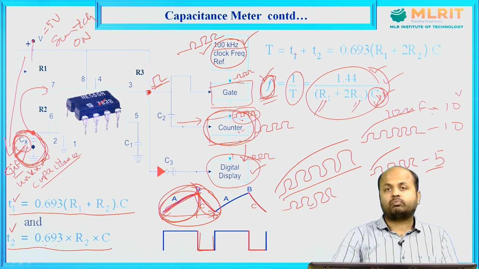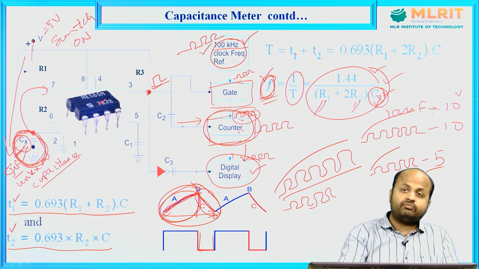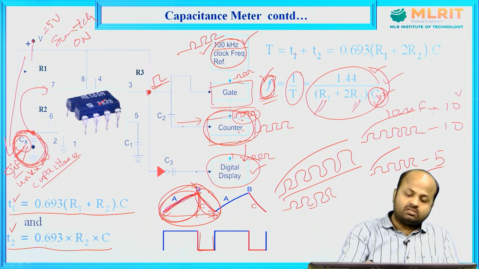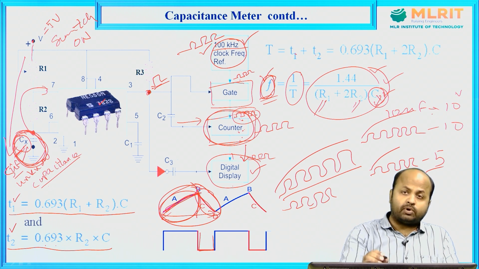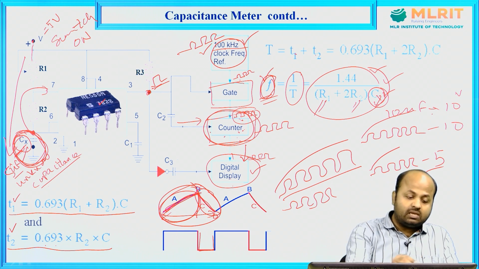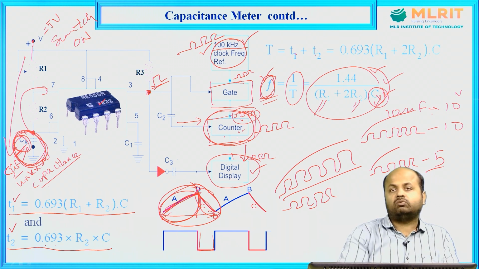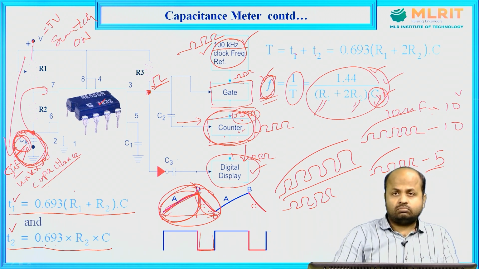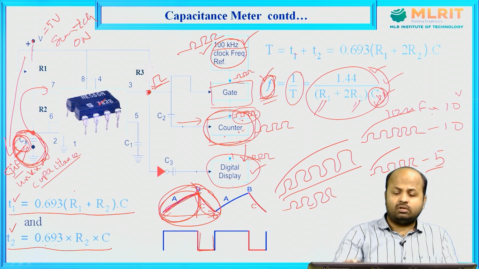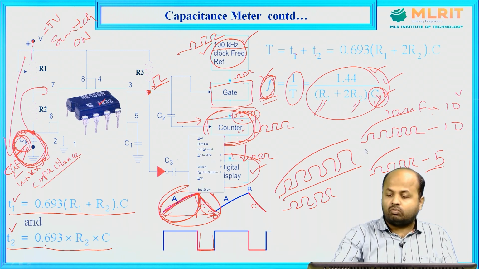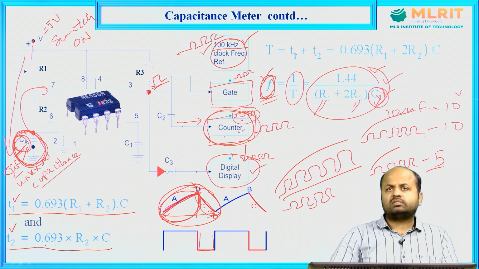We have to remember this, and this counter is the very important part of this capacitance meter. The counter counts the number of pulses, and that value is displayed, and this counter is directly controlled by the capacitance value. If capacitance is more, the counter gets more time to count the pulses, so it counts more pulses.